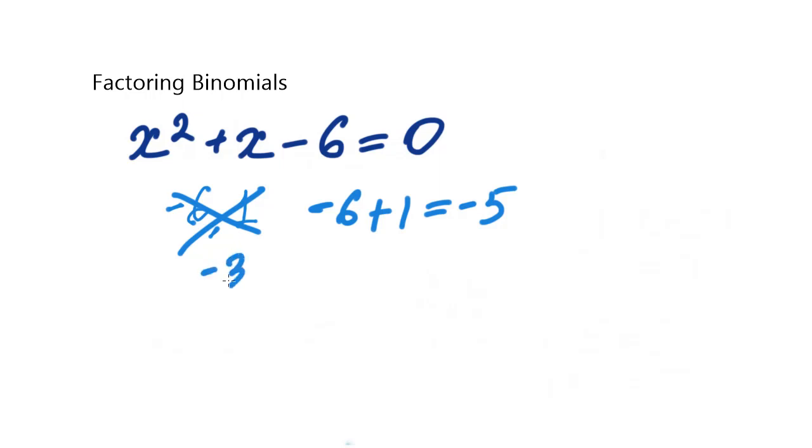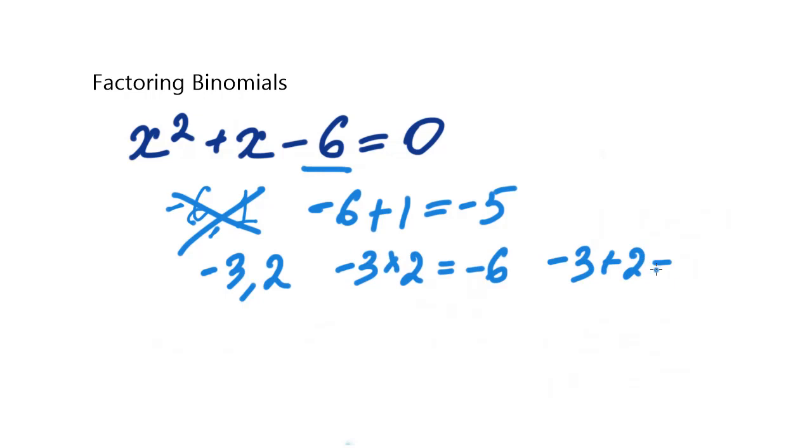Let's think of another pair. One I can think of is -3 and 2, because -3 times 2 is -6, so that part works. How about if we add them together? -3 plus 2 is -1. Well, it's pretty close, but we don't get +1, we get -1. So that does not work.